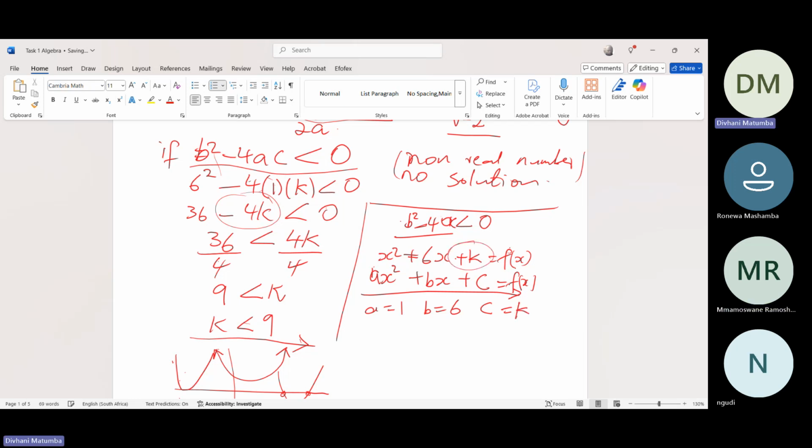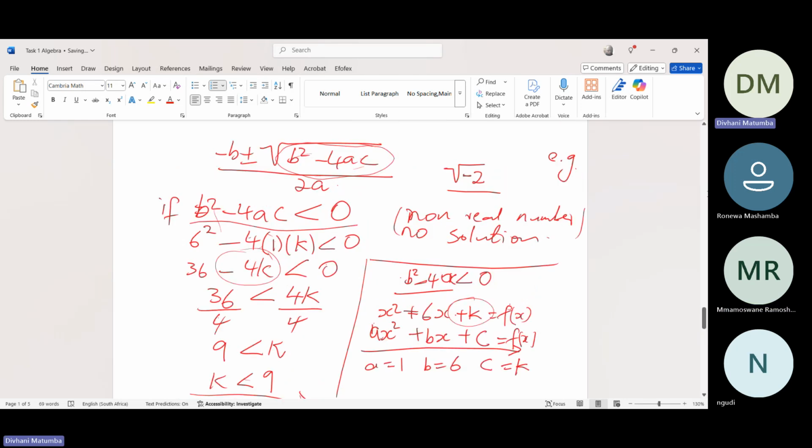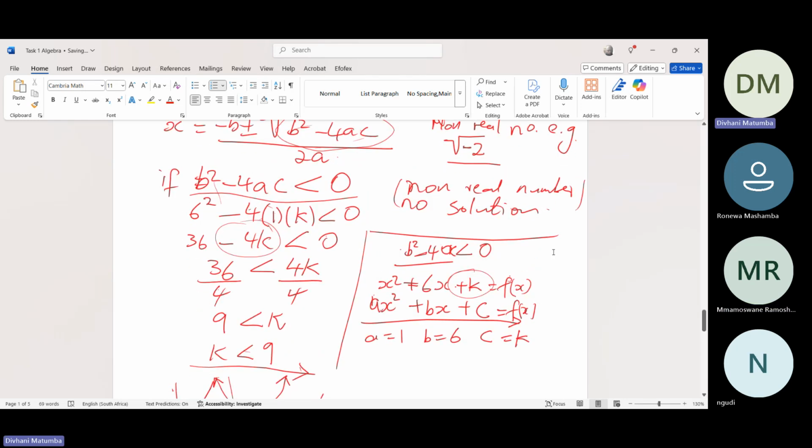Yes, you agree? Okay. Now, what we're going to do is substitute all these values into this expression in order for us to find the value of k in which your graph has no solutions. Your graph will have no solutions if what is under the square root is a negative number.